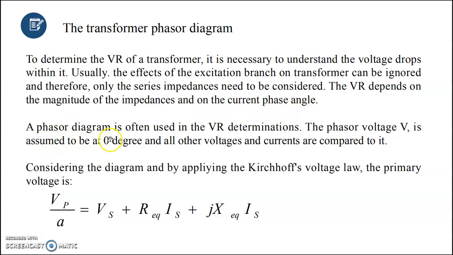A phasor diagram is often used in the voltage regulation determination. The phasor voltage is assumed to be at 0 degrees and all other voltages and currents are compared to it. Considering the diagram and by applying Kirchhoff's voltage law, the primary voltage over the turns ratio is equal to secondary voltage plus R_eq times secondary current plus jX_eq times secondary current.